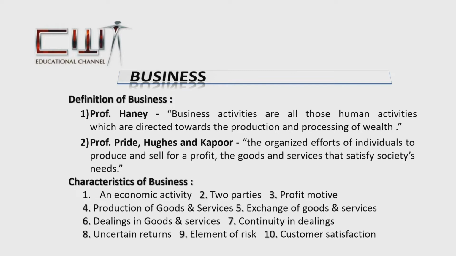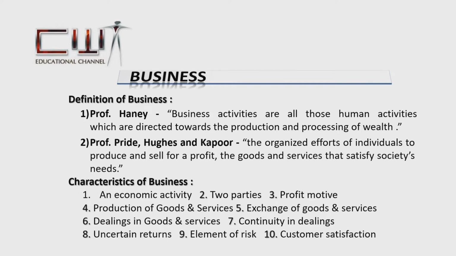In business, goods and services are produced, and the exchange of those goods and services also takes place. Not just the production of goods and services, but exchanging them takes place. When the goods or services are produced, they are not meant for self-consumption. They are for the purpose of trading, to give those goods and services to the people who need them.